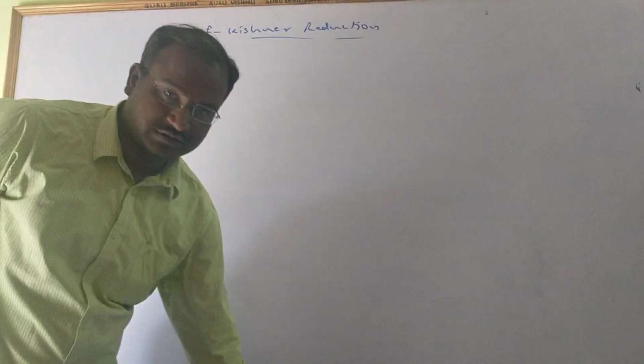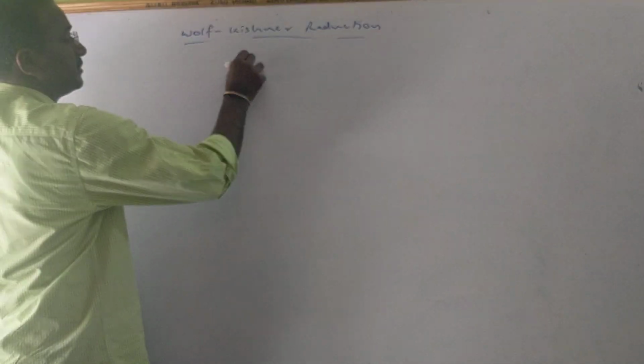Wolff-Kishner reduction. First, let me discuss the reagent. For this reduction, the reagent used is NH2NH2 plus glycol plus KOH.